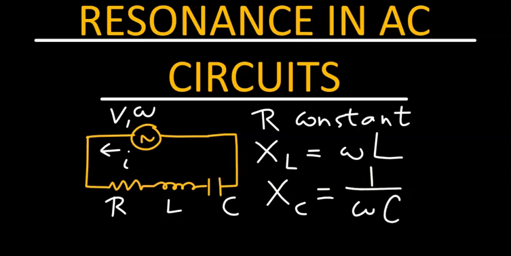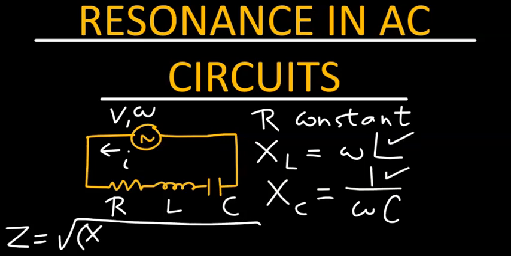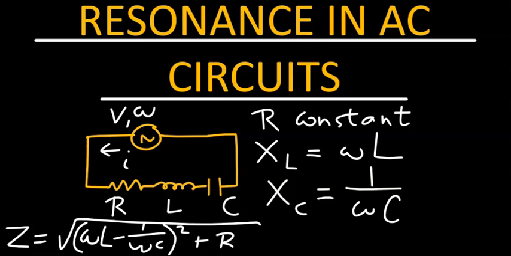capacitor. And we know the impedance in the circuit is expressed in the following manner, namely square root of (X_L minus X_C) squared plus R squared. What that means is, in terms of angular frequency, it is the square root of (omega L minus 1 over omega C) squared plus R squared.